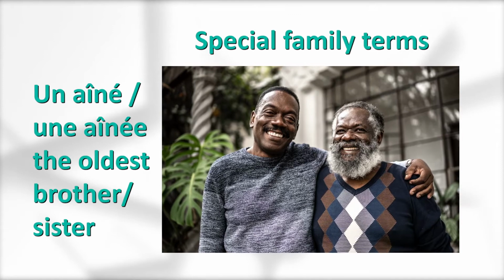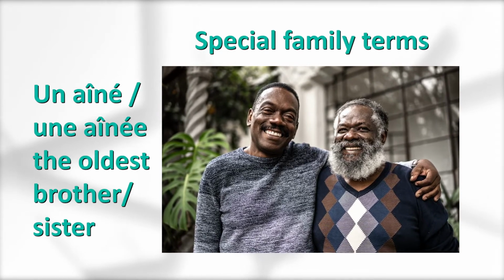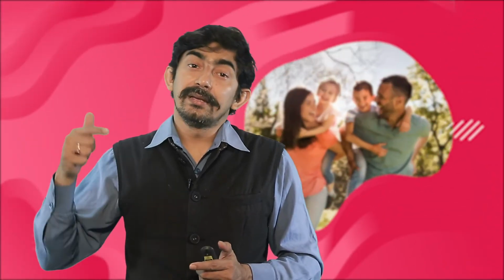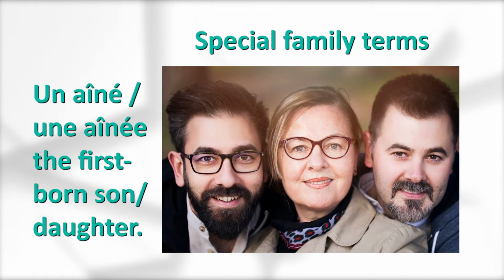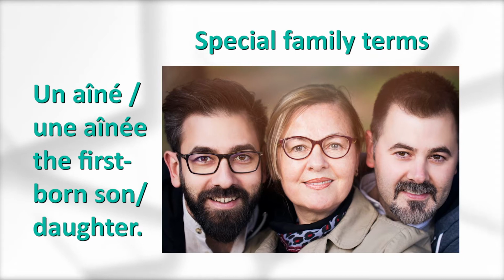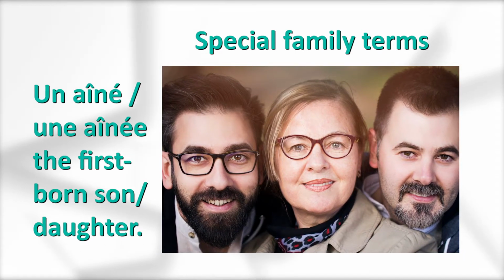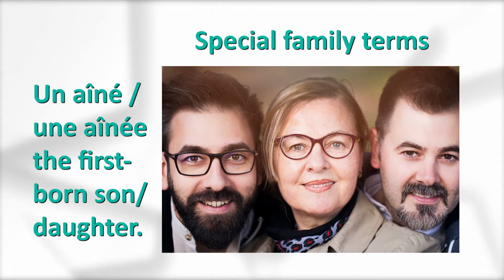When you say my older brother, mon frère aîné, this is the firstborn son or daughter. La fille aînée de Monsieur Roche means Mr. Roche's oldest daughter, or the older daughter if he has only two. So, un aîné, une aînée.